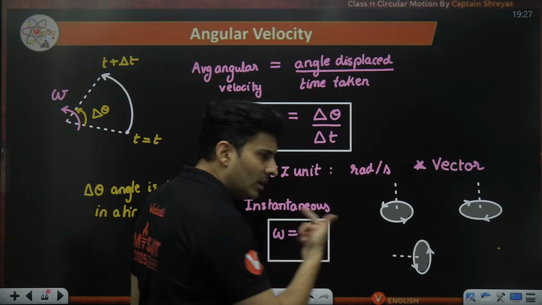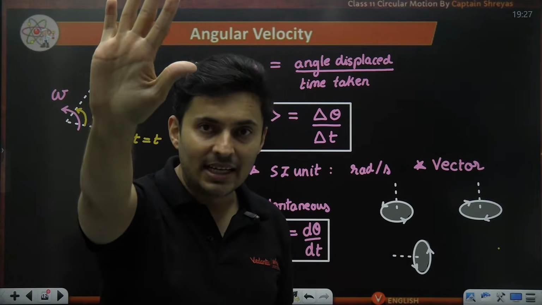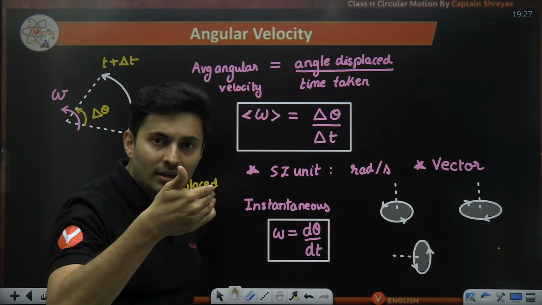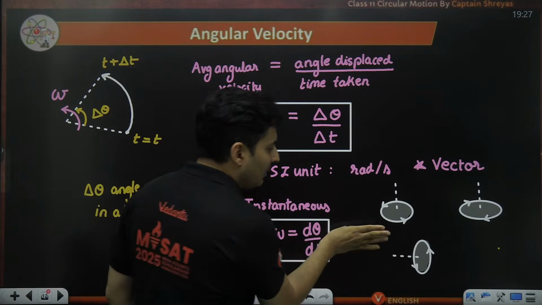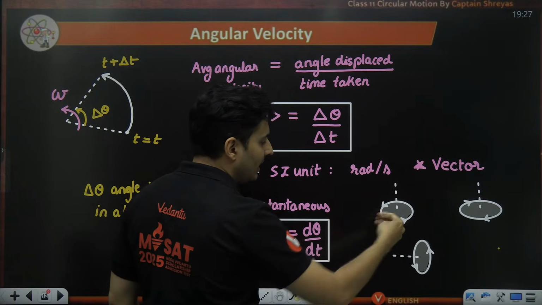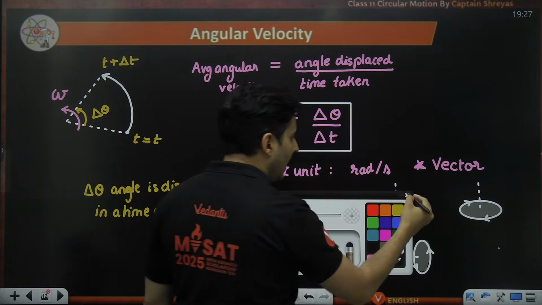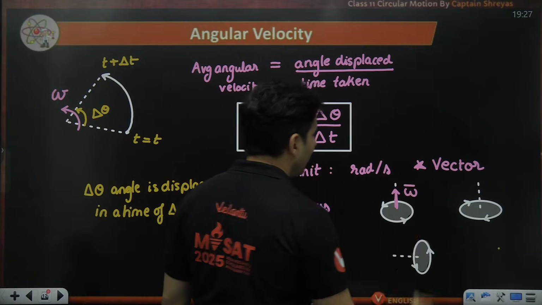If something is revolving, rotating, spinning, take the 4 fingers of your right hand, not left hand, right hand, and try to curl your fingers in the sense of rotation. Like if I take my 4 fingers, I can see it is rotating like this. Then the thumb points in the direction of omega. The thumb will point in the direction of omega vector.